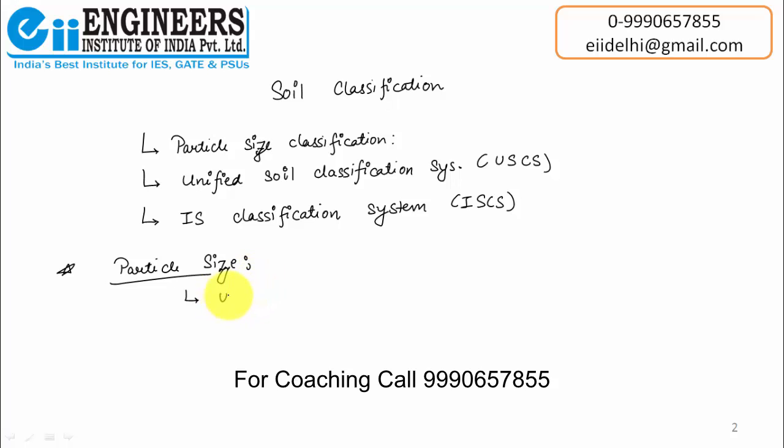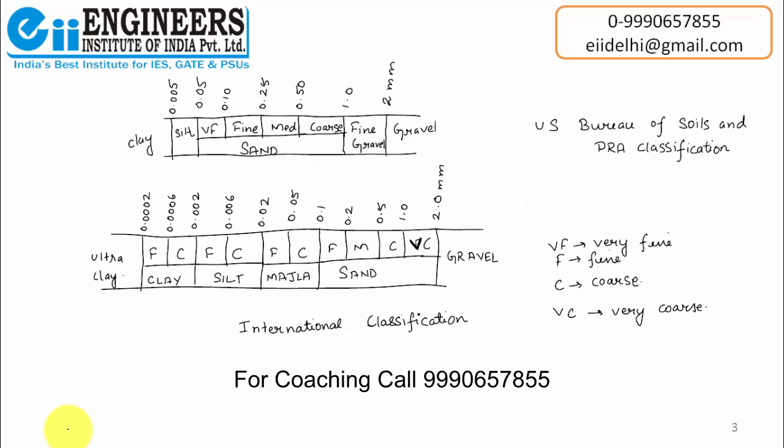The first is the US Bureau of Soils, the second is the International Soil Classification, and the third is the IS Soil Classification.